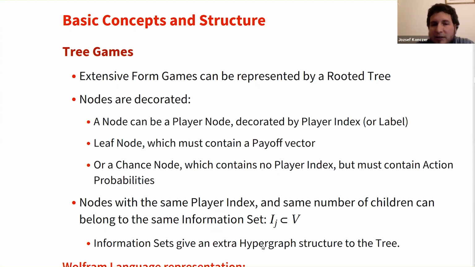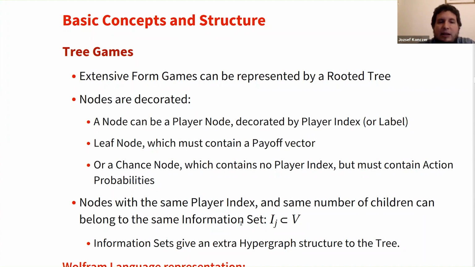The leaf node must contain a payoff vector, which indicates the termination of the game, or a chance node, and the chance node doesn't have a player index, but it must have an action probability index.